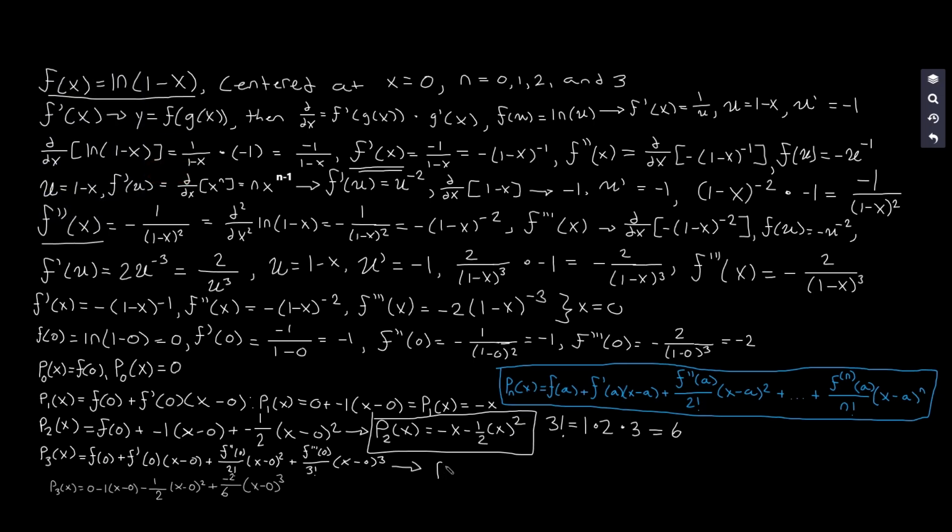P sub 3 of x is going to equal negative x minus 1/2 x squared minus 1/3 times x cubed. And that's going to be our answer right there.